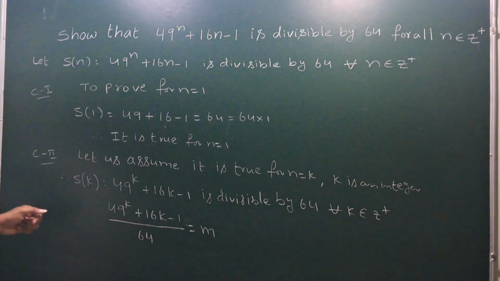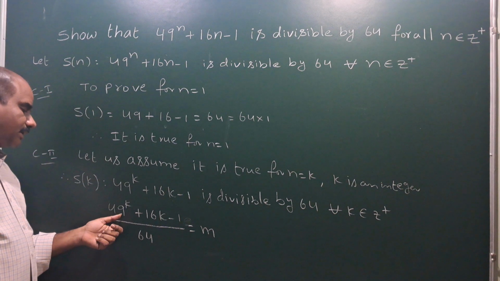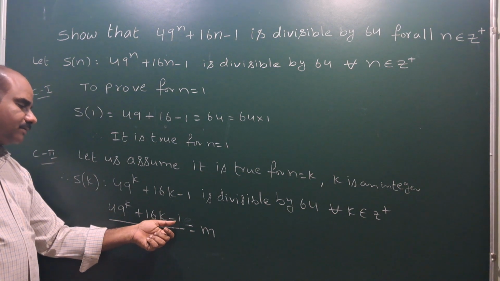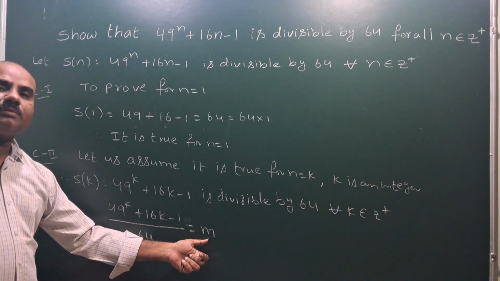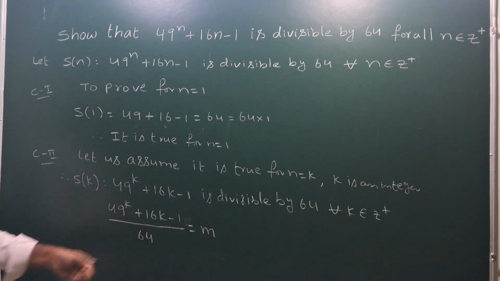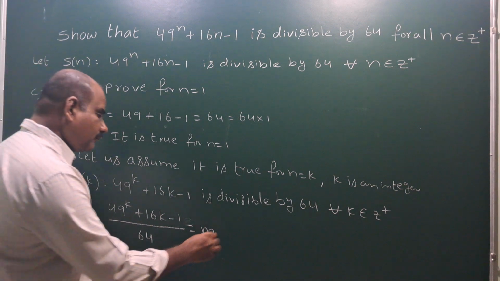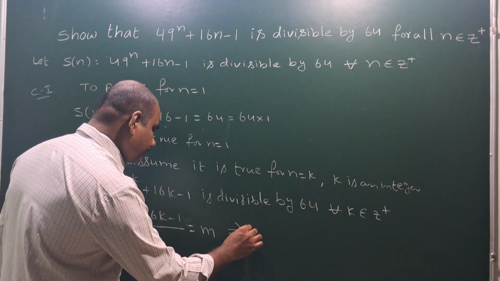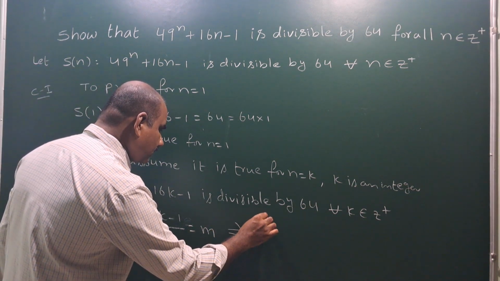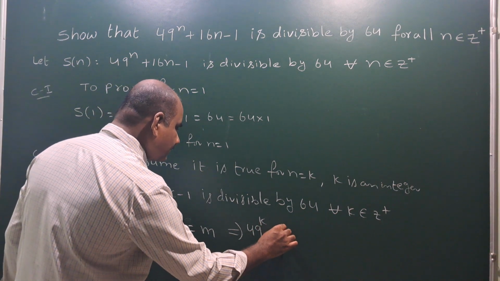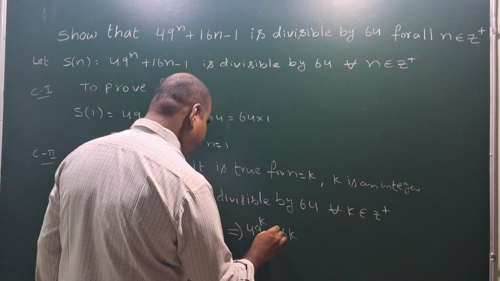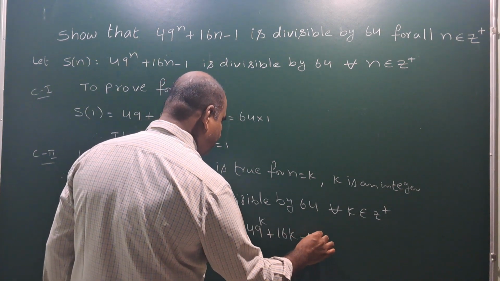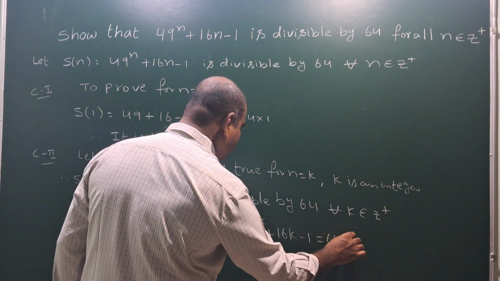Okay. So that is our assumption. So from this we can write 49 power k plus 16k minus 1 is equal to 64m.